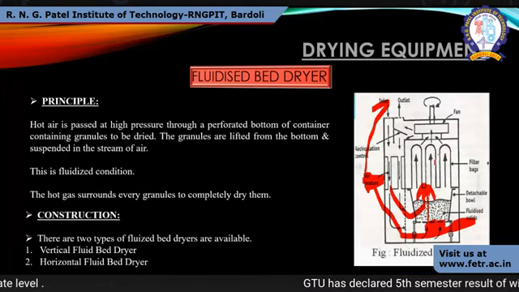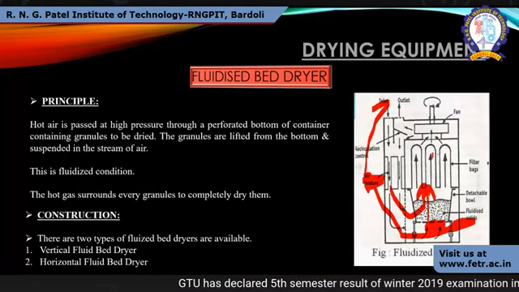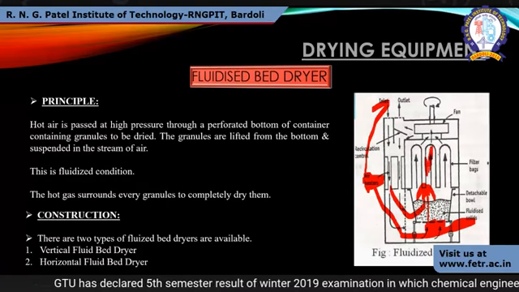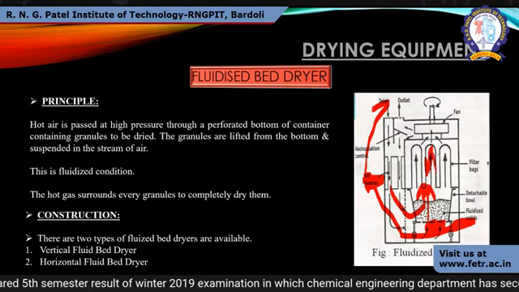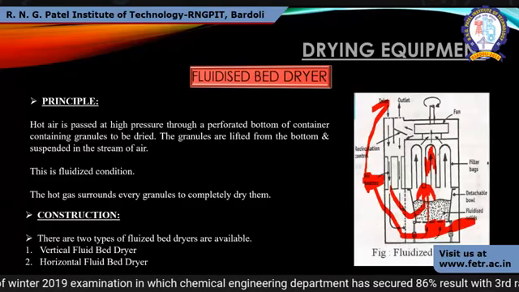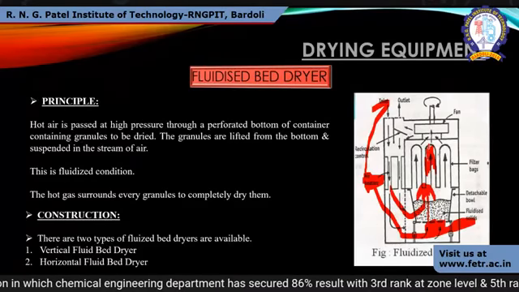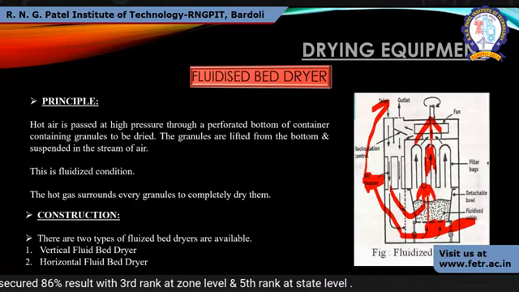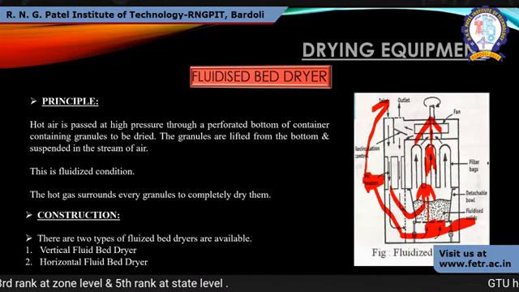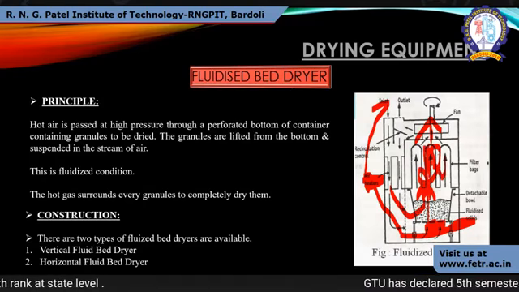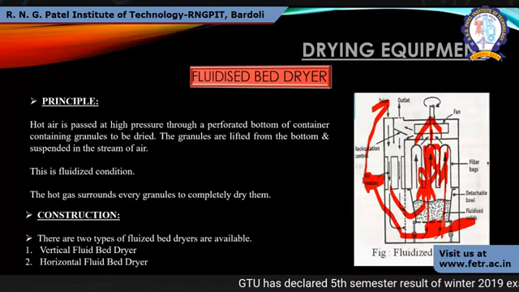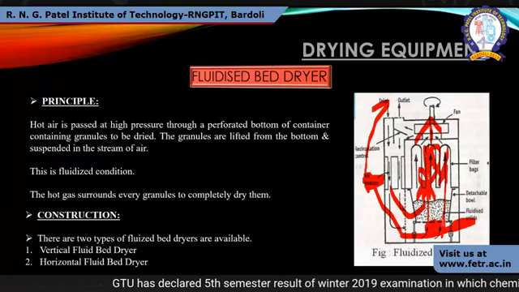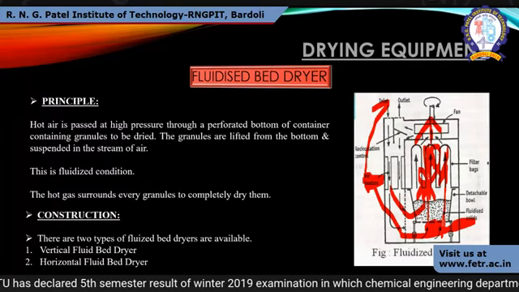See the arrow here. It is basically a bag filter, where we cannot have solid loss from the bags. Solid remains here and only air is taken out, right? So the solid is inside. This is dry solid, and after the operation is completed, we can collect our dry solid.